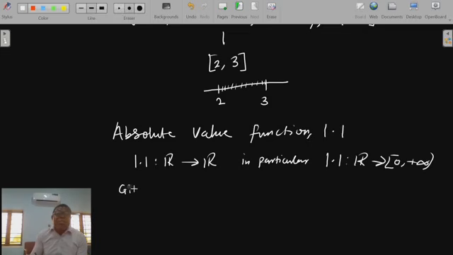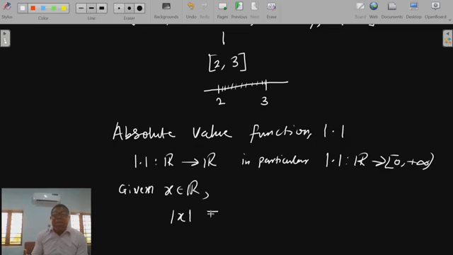Given x in R, this number, absolute value of x, this is what we call absolute value of x. Absolute value of x is nothing but the value the absolute value function produces when it acts on a real number x.